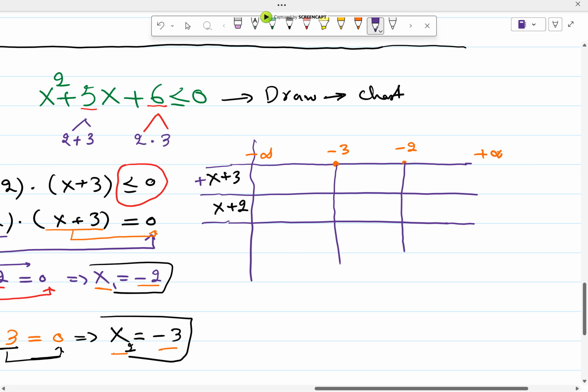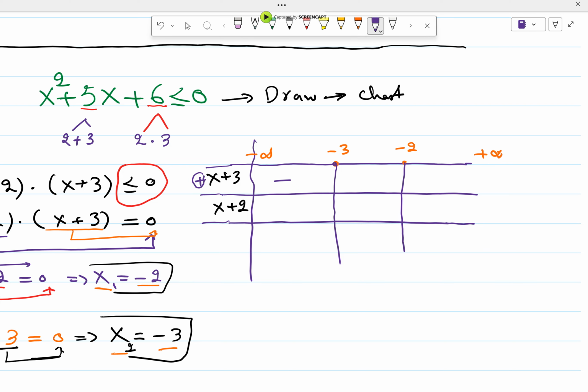It is plus after the zero point of x plus 3. Before it we must put the opposite sign of x. The opposite sign of plus is minus, and after the zero point we put the same sign of x.